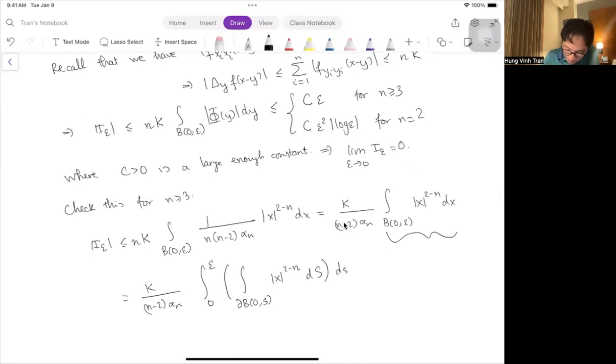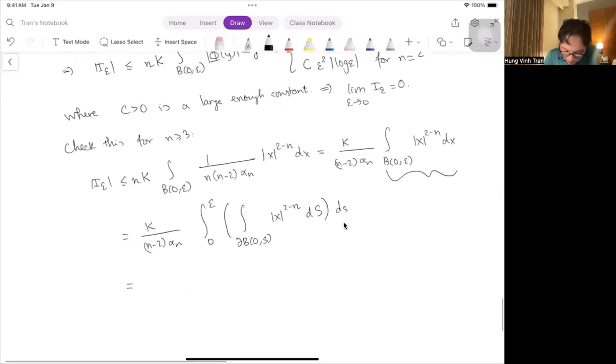On each sphere, |x| is a constant, just s, so we get the integral from 0 to epsilon of s to the 2 minus n ds.